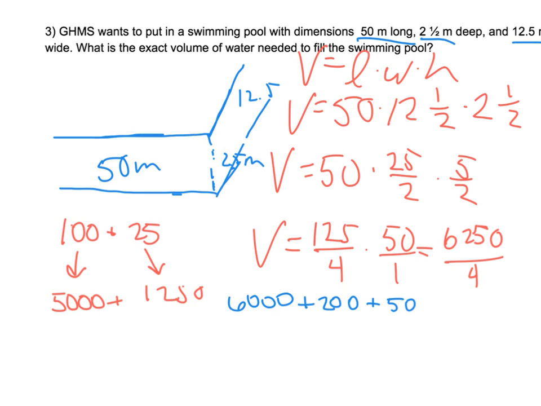And 4 goes into 6,000 1,500 times. 4 goes into 200 50 times. And it goes into 50 12.5 times. So now I can go ahead and add this together, and I'm going to get 1,562.5.